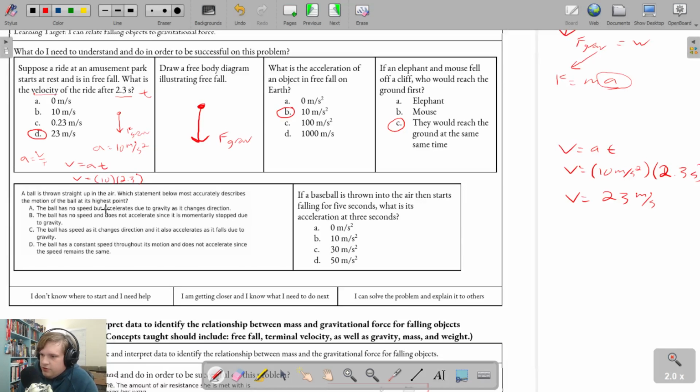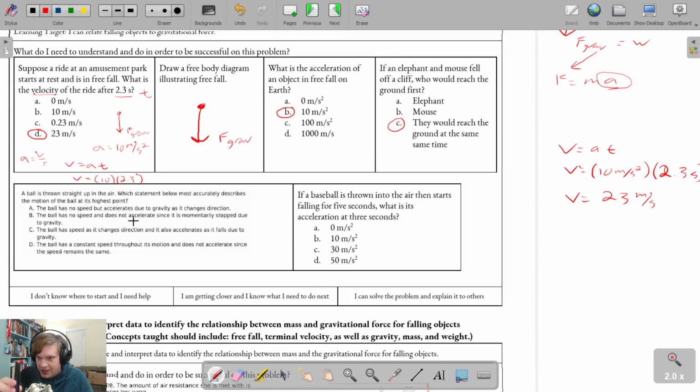A ball has no speed, but accelerates due to gravity as it changes direction. Okay. The ball has no speed and does not accelerate since it's momentarily stopped due to gravity. Okay. The ball has speed as it changes direction. Okay, here's where you lose me. If the ball is moving up and then comes back down, at some point, even if it's just a very short amount of time, it has to stop.